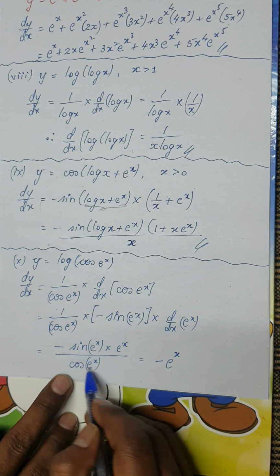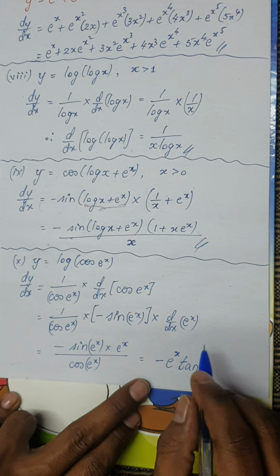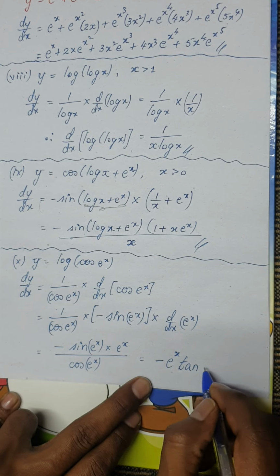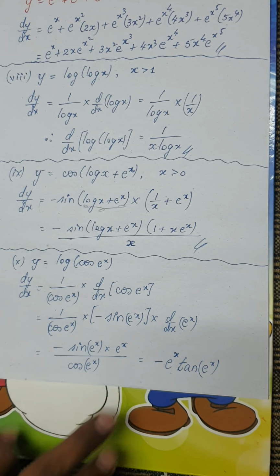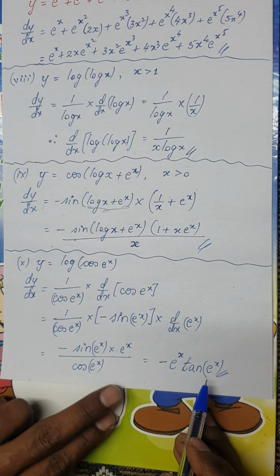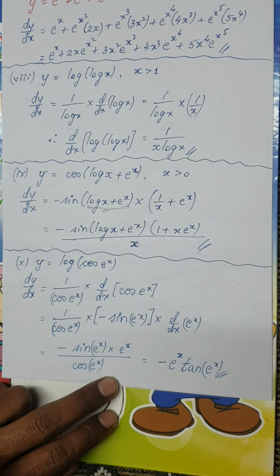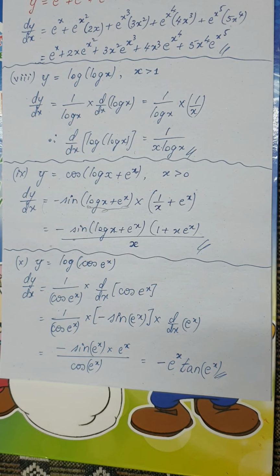We know sin theta by cos theta will be taken as tan theta. So you can write it as minus of e power of x into tan of e power x. This is enough to get you 1 mark, but also remember, you may write the condition also here.